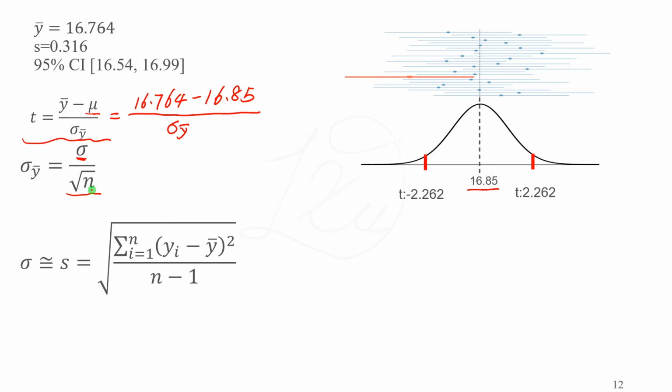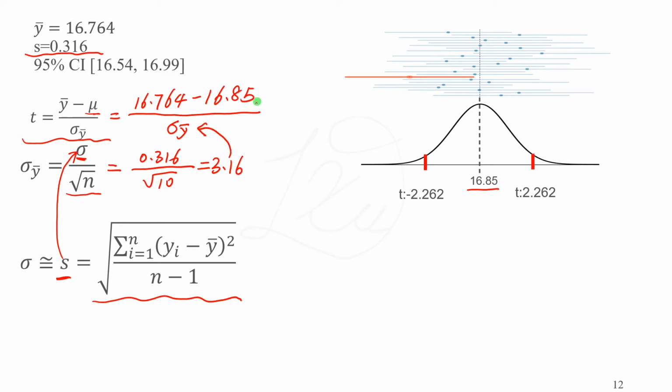But we don't know the population standard deviation, so we use the sample standard deviation S as an estimate for sigma, and S is calculated using this equation. In the previous video, we calculated S equals 0.316. So sigma y bar equals 0.316 divided by the square root of 10. This is because we substitute S for sigma. Now we have got this value, and we calculate here that t equals negative 0.0272.